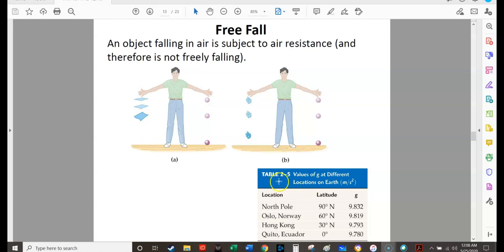And so here's a table which is really interesting, because even though we basically have said the Earth's gravitational acceleration is 9.8 meters per second squared, it really depends on the location, because the Earth bulges as it spins. So it's kind of more of an oval versus a perfect sphere, but it bulges a little bit on the equator.